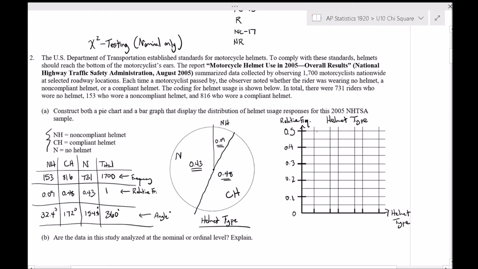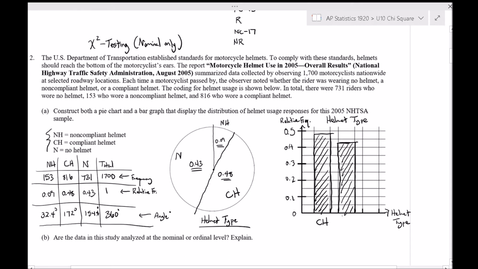But the largest one is 0.48. 0.48 somewhere up here. You'll draw a bar. You lead with the largest one. You don't have to shade it in. I'm shading it in just so we can make a distinction between the bars themselves and those grid lines. And this was the CH, or compliant helmet category. Next was 0.43. So we go in descending order by frequency. The next most frequent was the no helmet situation, 0.43, somewhere around here. And I'll shade that in.